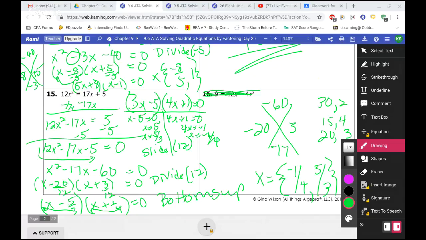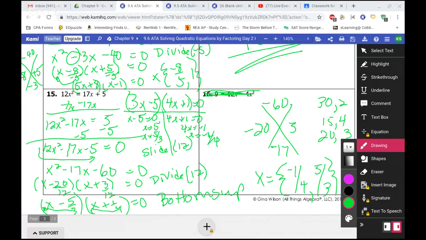Way to go, Mary. So those are its roots, its solutions, its zeros, its x-intercepts, where it crosses the x-axis. That's what we're gaining when we're solving these equations. Okay, so it has to be in standard form first.